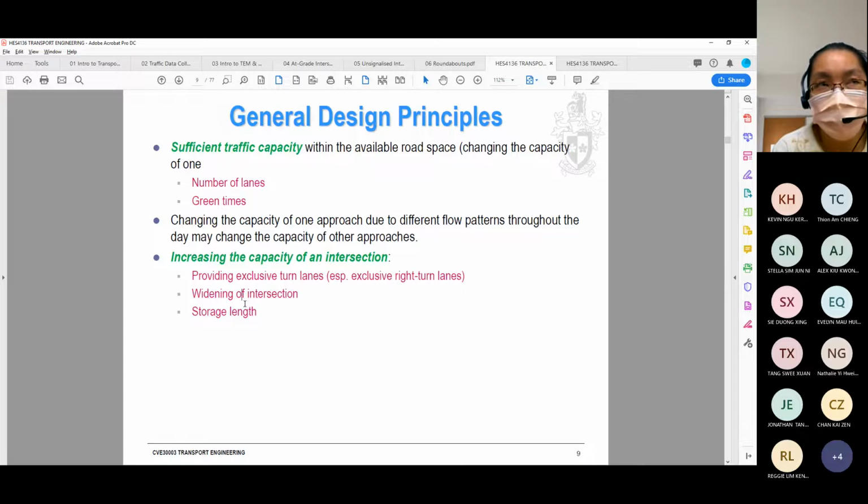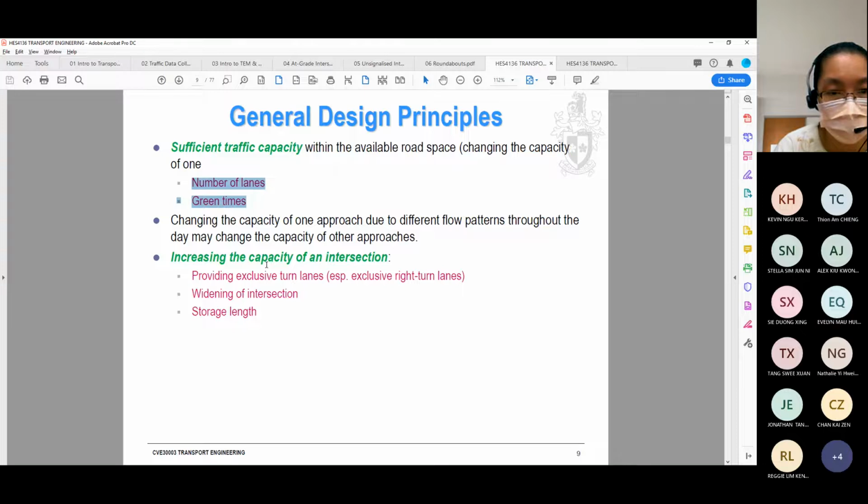We have to know that adjusting the green time for one leg would affect the rest of the legs. So sufficient traffic capacity, within the available road space, number of lanes, and green time, is affected by this.